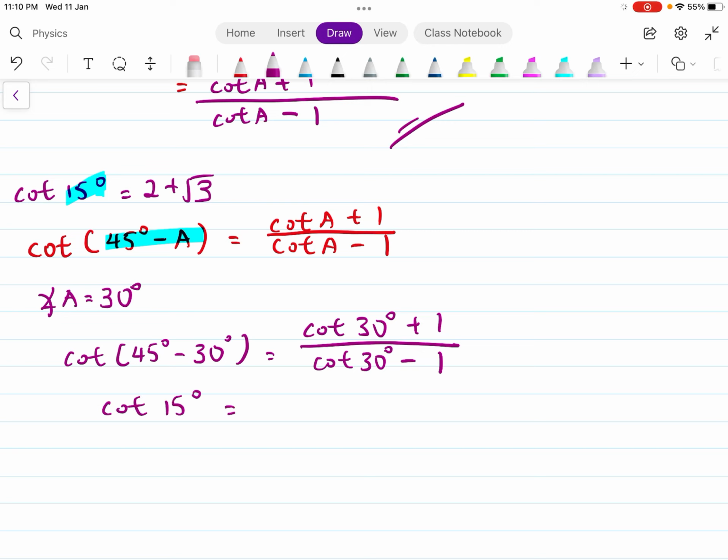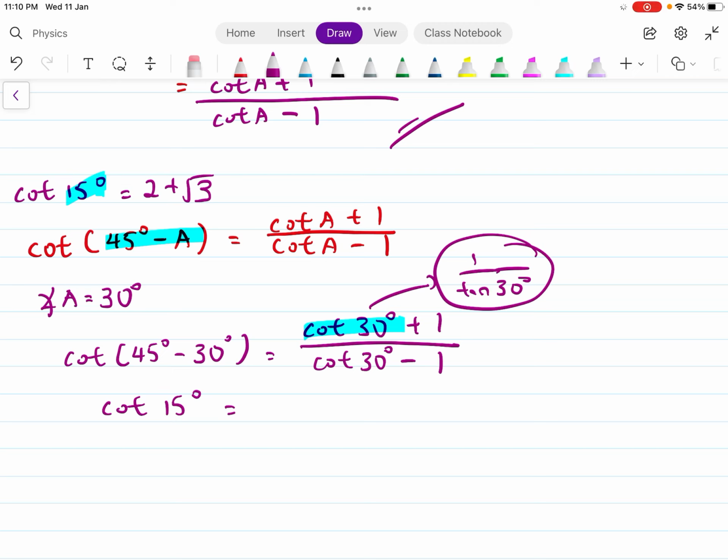For the right-hand side, you just need to use a bit of the calculator. We know that cotangent 30 is the same as 1 over tangent 30 degrees, because the calculator only has sine, cosine and tangent. There's no cotangent, cosecant or secant, so we need to go back to basic trigo. So 1 over tangent 30. Let's calculate 1 divided by tan 30.